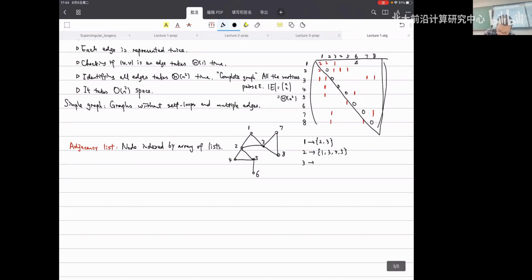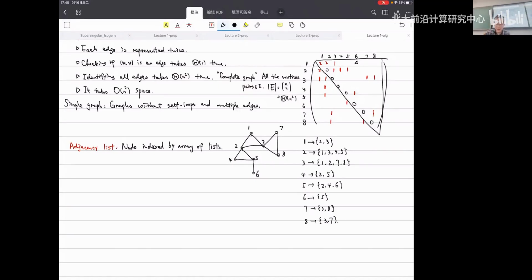For 3, we are going to have 1, 2, 7, 8. For 4, we are going to have 2, 5. For 5, we are going to have 2, 4, 6. For 6, we are going to have 5. For 7, we are going to have 3, 8. And for 8, we are going to have 3, 7.